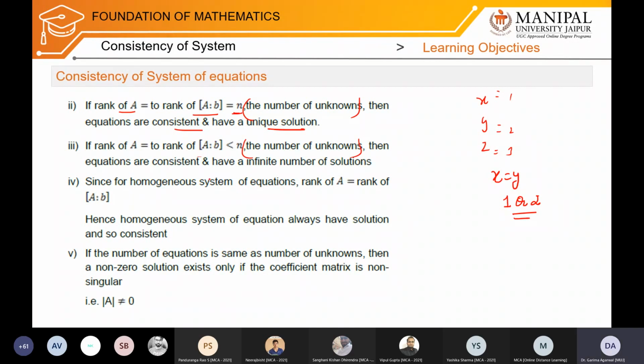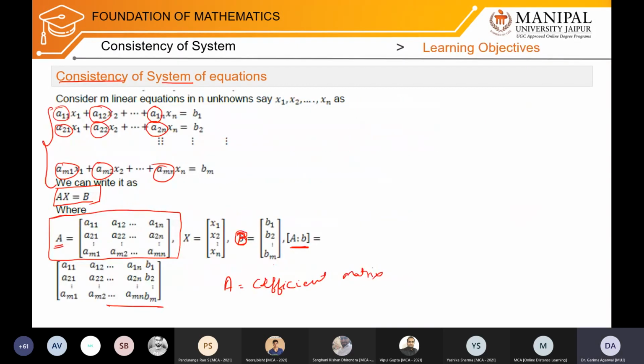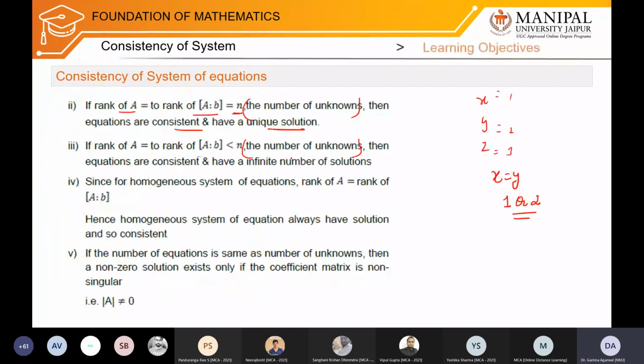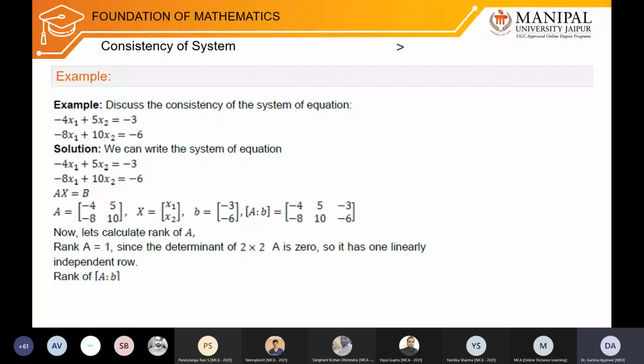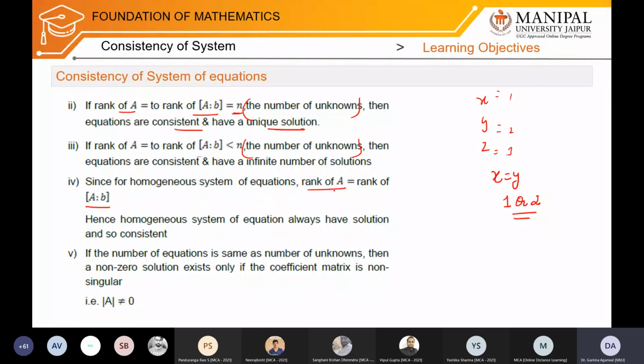What is homogeneous system of equations? In homogeneous system of equations, all the right hand side values are 0. If all the values of b1, b2 are 0, then it is known as homogeneous equations. For homogeneous equations, the rank of matrix A is always equal to rank of augmented matrix because B is 0. So whatever the rank of A, it will be the rank of augmented matrix.